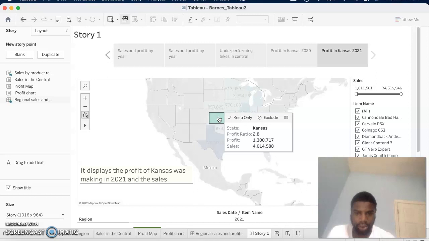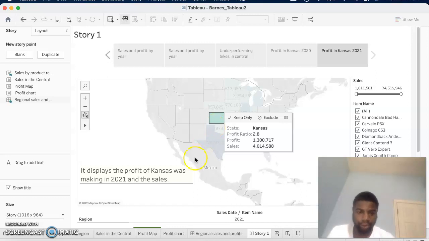It made an increase. It made a profit of $1,300,717. So over the years, the profit did increase for the bikes.